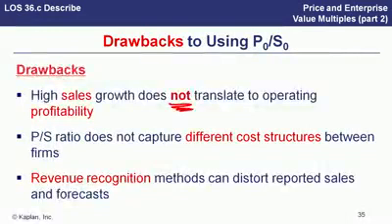So the price to sales ratio does not capture different cost structures between firms. And revenue recognition, for accounting issues, can distort reported sales and forecasts, meaning depending on how the revenues are accrual-based versus cash-based, or let's say completed contract versus percentage of completion, when you actually recognize the sales.